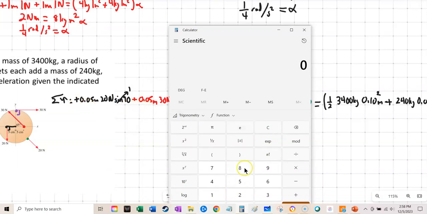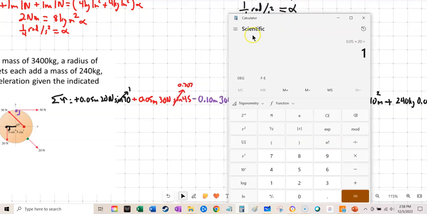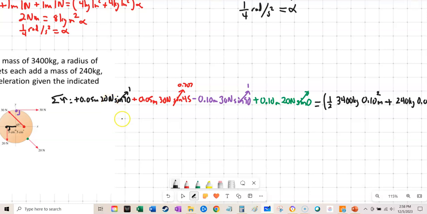So this first torque is 0.05 meters times 20 newtons. And that's going to be equal to 1. Okay? So that's just 1 Newton meter of torque. Okay, and it's positive.